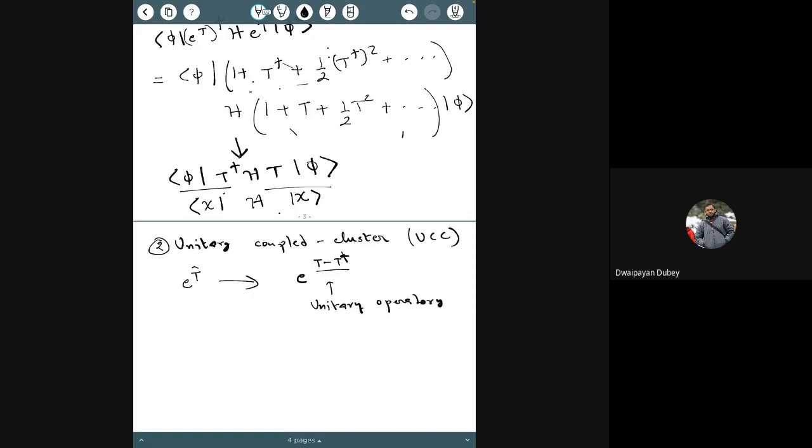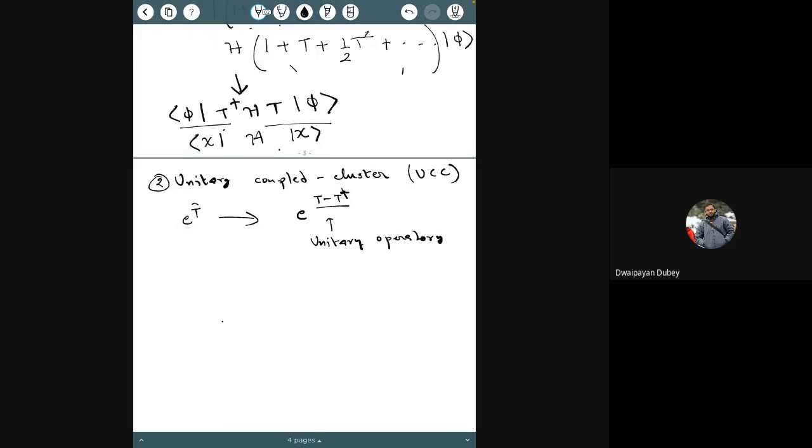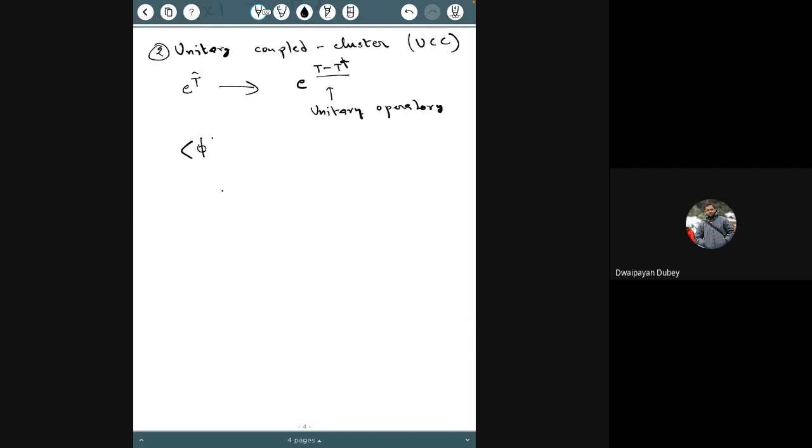So if it is unitary, then my energy expression becomes phi, e to the power T dagger minus T, H, e to the power T minus T dagger, phi, and this is now Hermitian. Okay.